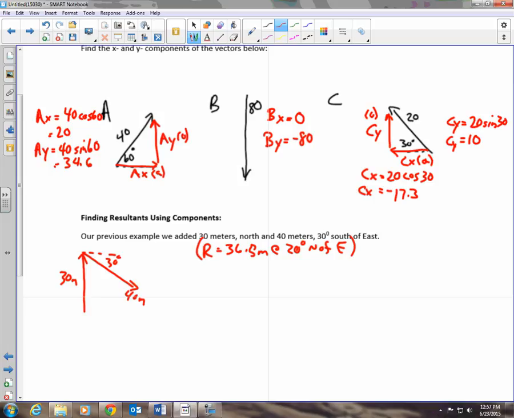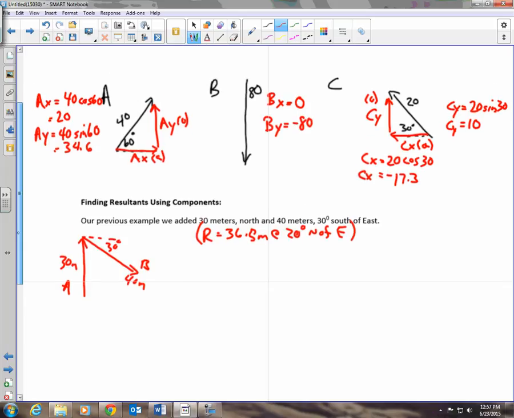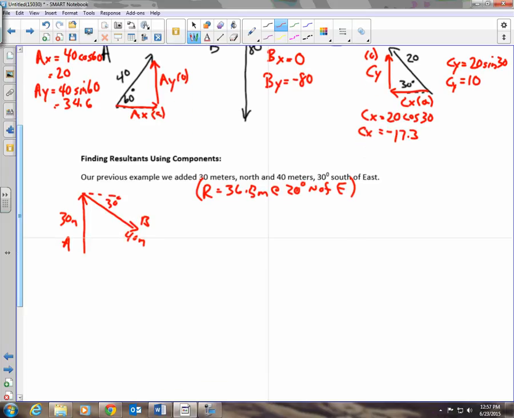I'm going to label this one A, label this one B, keep track of our components. Now, A is going straight up, so AX is equal to 0, AY is equal to positive 30. Now I'm going to draw in BX and BY. Here's BX, there's BY.